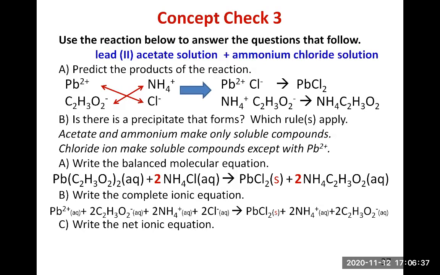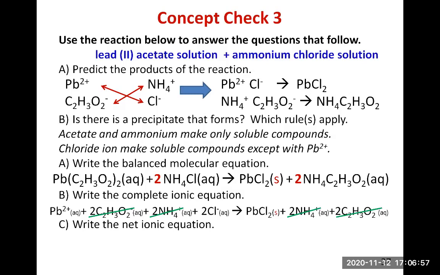In that, we can see that we have some repeats from the left to the right. We have ions that stay the same, for example, the ammonium and the acetate. We have 2 of each, and they don't change. They stay the same from left to right, so we can omit them.